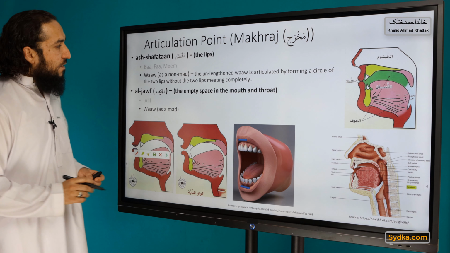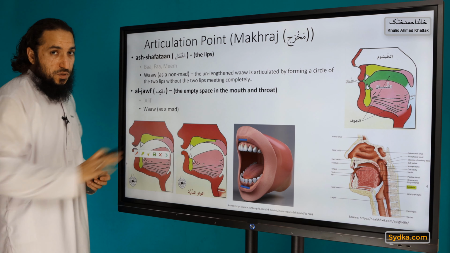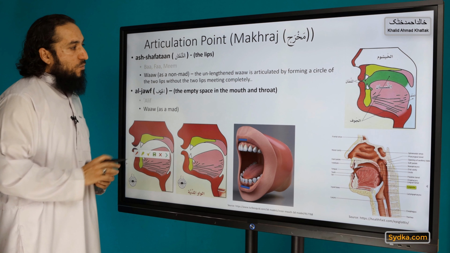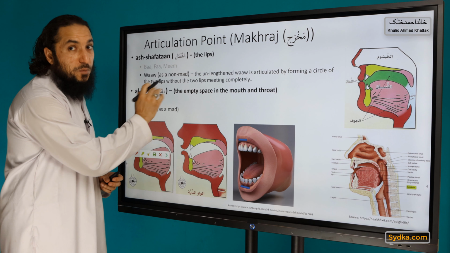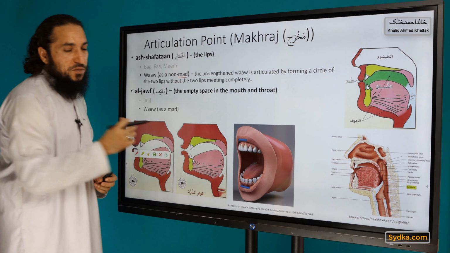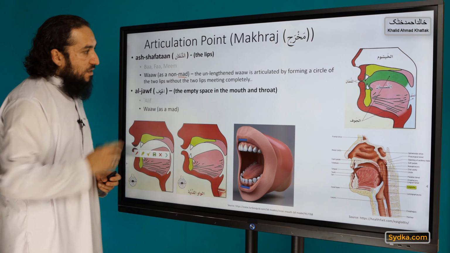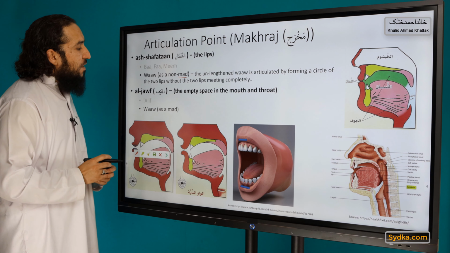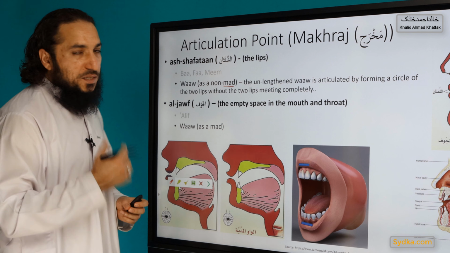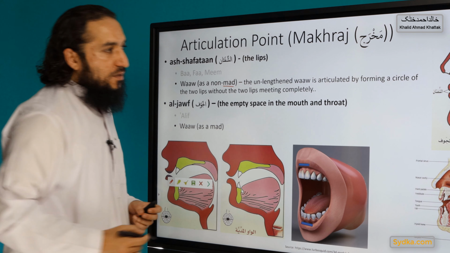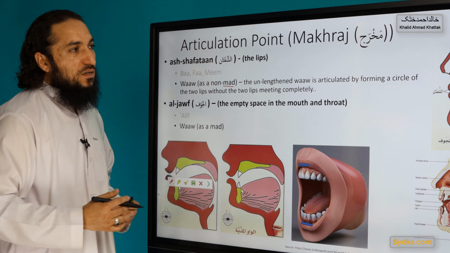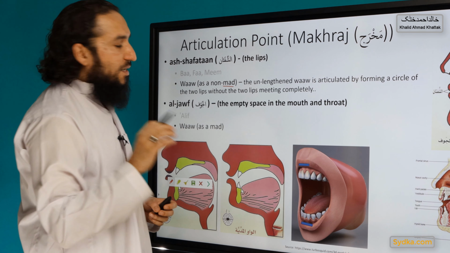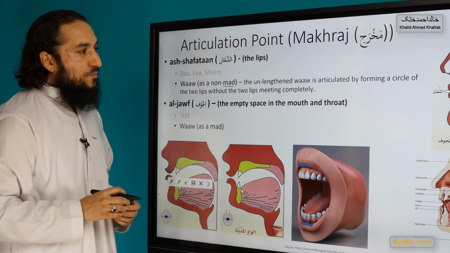Okay, so it has two articulation points as well. The first one is when it's non-mad. Non-mad means when it's not lengthened. So it's written like in English as "w", but it's pronounced as Aw. When Waaw is unlengthened and used as a consonant, it is articulated by forming a circle of the two lips without meeting them.